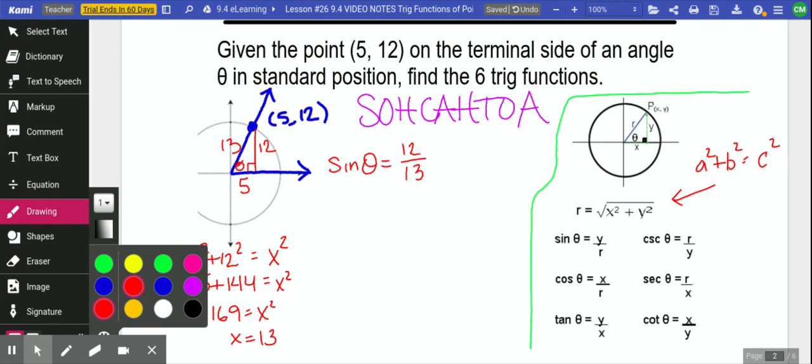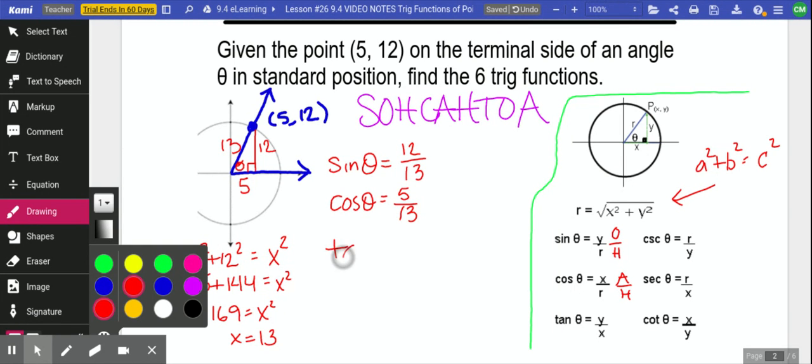Okay? And then sine is y over r. Well, we just did that. Y is our 12. R is 13. So this was just opposite over hypotenuse. All right. And then what about cosine of theta? It is going to be adjacent over hypotenuse. Well, our adjacent is 5. Our hypotenuse is 13. And that is x, which was our adjacent, over hypotenuse, which is our cosine.